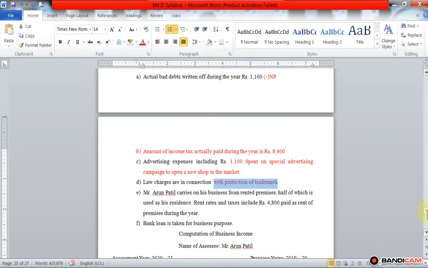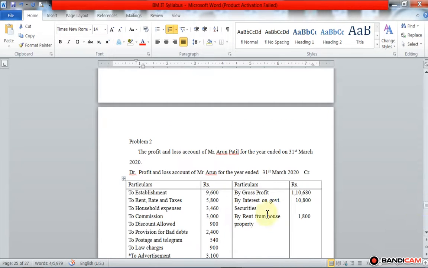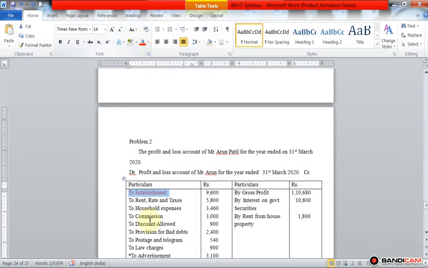Then we read the debit side of the profit and loss account. Establishment expenses are disallowed expenditure. Rent and taxes: the adjustment is given and a separate amount is given, so this amount does not affect the net profit.